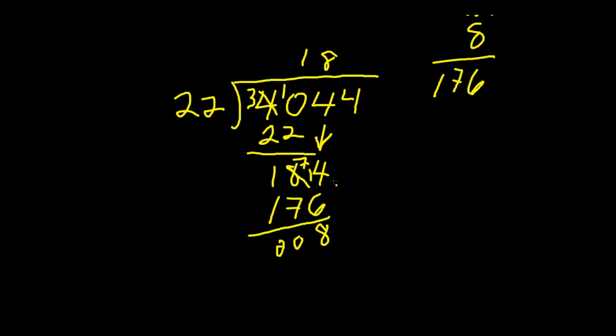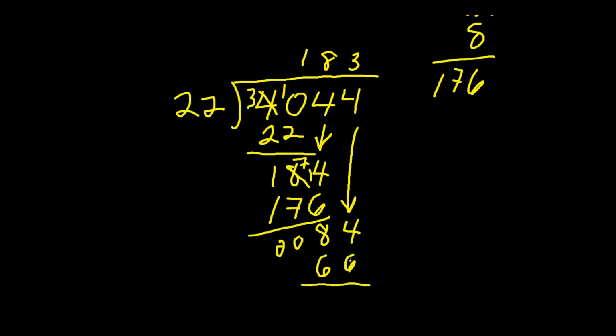So now we need to bring this 4 down to here. So 84. How many times will 22 go into 84? Well, will it go in there 4 times? No, because 4 times would be 88. That's more than 84. So it would only go in there 3 times. So 2 times 3 is 6. 2 times 3 is 6.